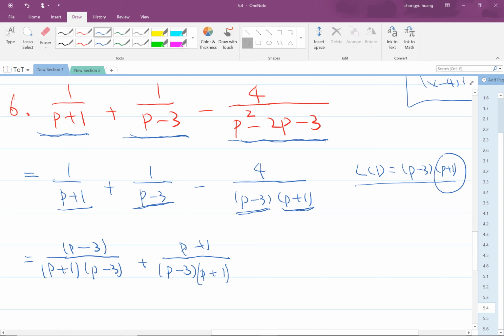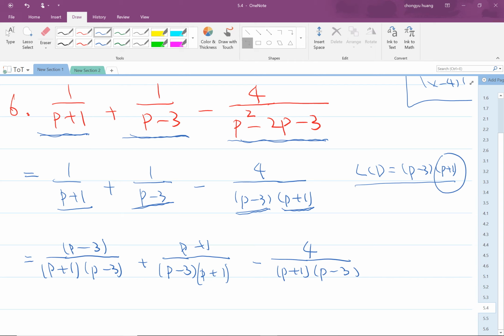And for the final term, we just write it down because it doesn't miss anything, so we don't have to multiply anything, right?